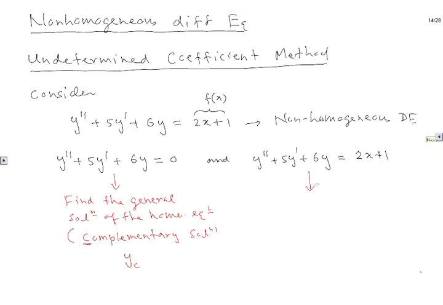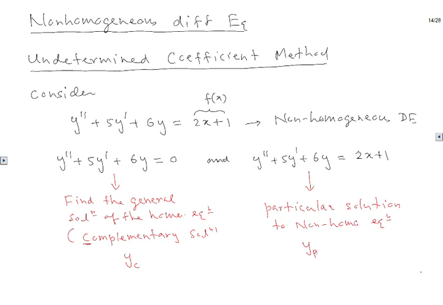So we're going to find a particular solution to the non-homogeneous equation. We call this yp.